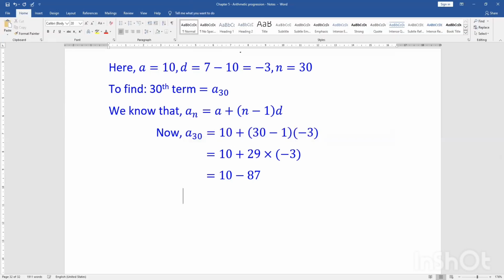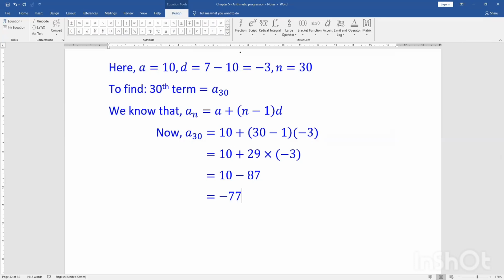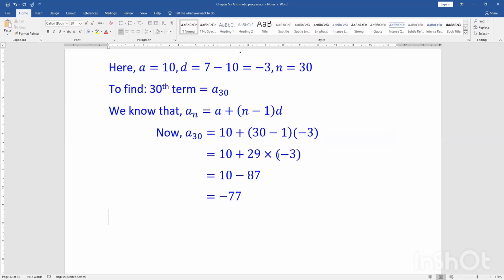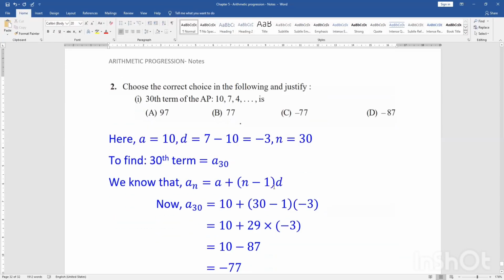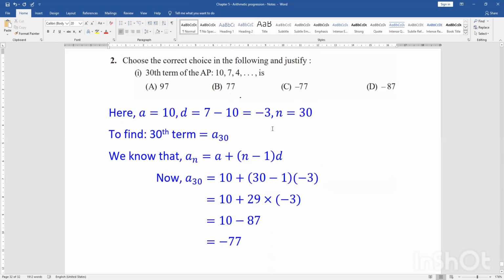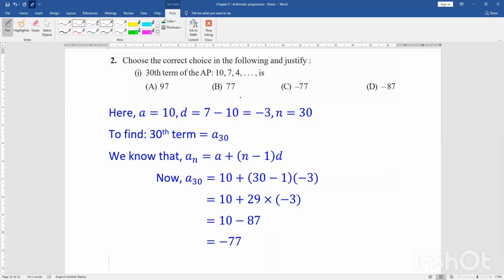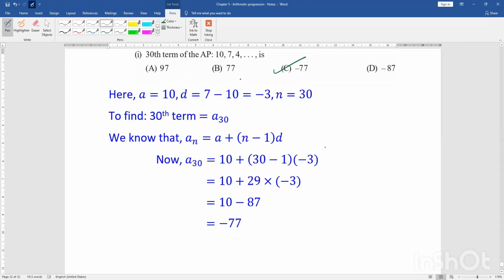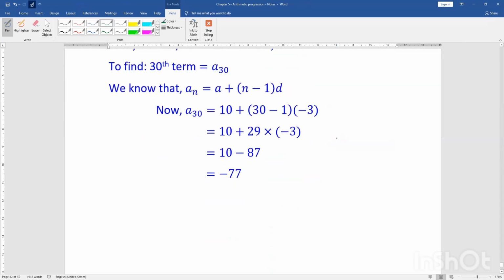So it should give you minus 77. It's equal to minus 77. So now what is our option? The correct option is C. Option C is the correct answer.